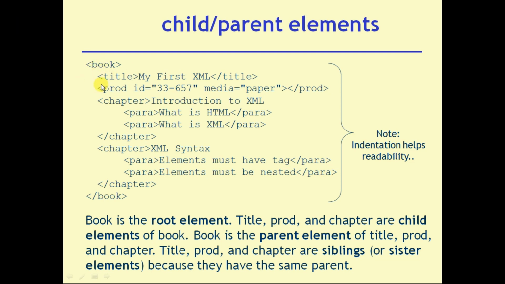Title, product and chapter are all called different children of that parent element. You can also call title, product and chapter siblings, because they have the same parent. So you have to follow different relationships, like a hierarchy format. You have to follow the hierarchy.